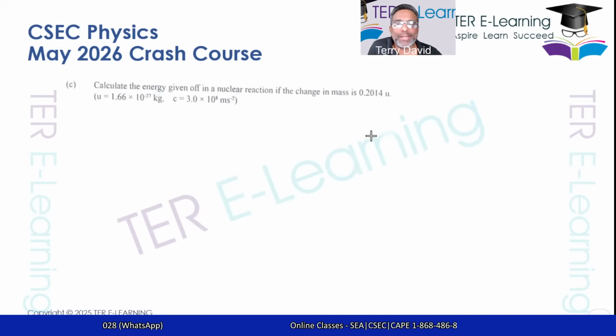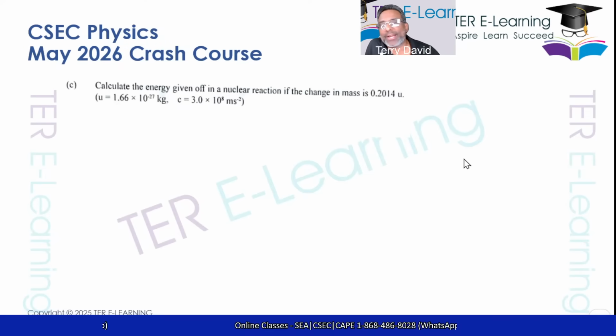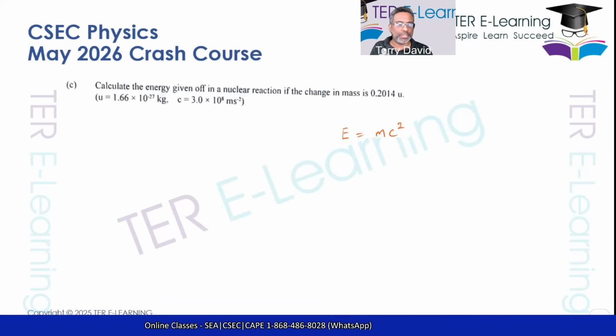We want to calculate the energy given off in a nuclear reaction if the change in mass is 0.2014 U. The formula we're going to use to calculate the energy change in a nuclear reaction is mc squared. Even primary school children have heard about this before, so you shouldn't get this wrong.